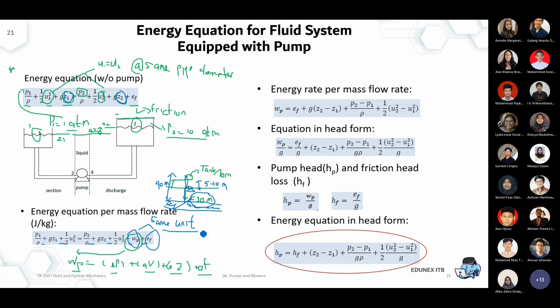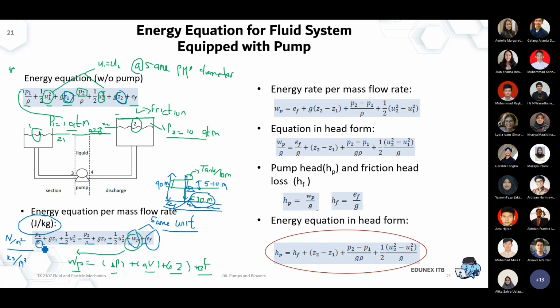Over here, I provide you if you want to express it in joule per kilogram. It's doable. Why? Because you have P1 in Newton per square meter. That's your P1, divided by rho, which is kilogram per cubic meter, right?